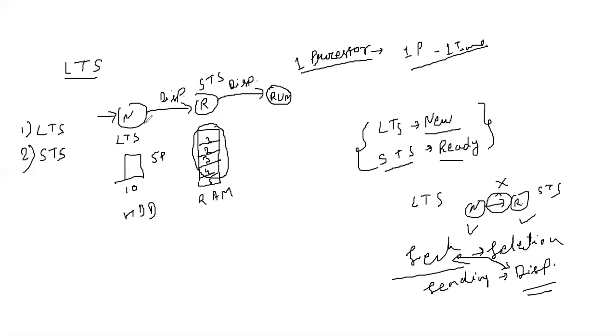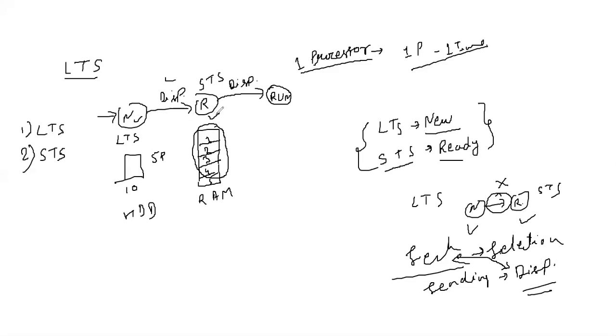So carefully, once again, the long-term scheduler works on the new state. It selects the processes which you want to send from the new state to the ready state, and the sending will be done by the dispatcher. The short-term scheduler works on the ready state.